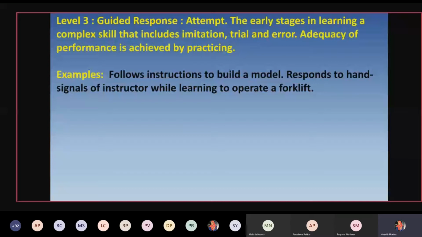So at this level, the student is trying to gear up to reach the complex level of this skill. So he starts attempting. We can say this level is similar to imitation or trial and error. Examples listed are: follows instructions to build a model, and responds to hand signals of the instructor while learning.